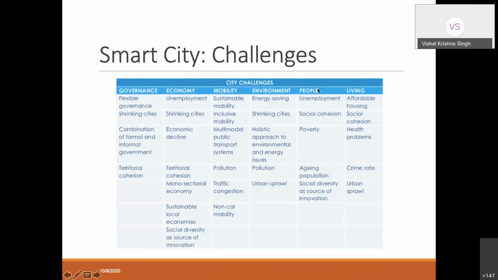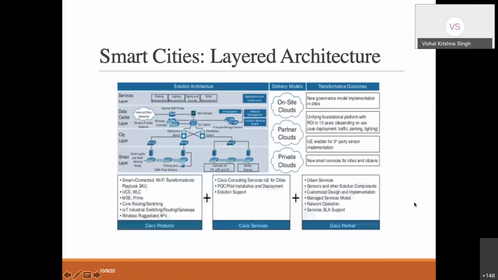If you are talking about the challenges which we face in the concept of a smart city, for the people who are considered, there are certain challenges such as unemployment, poverty, the aging population, the health concerns of all these people, and not having proper resources or proper education for using these technologies. So all these are challenges which need to be addressed in any of these aspects.